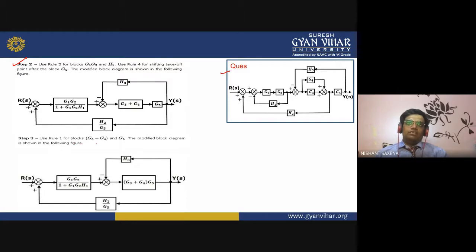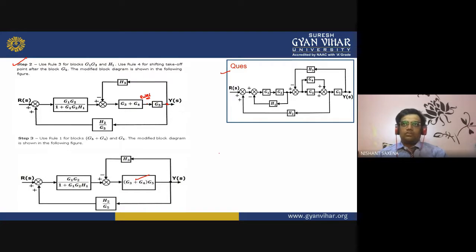When we have taken this takeaway point over here, we can see that these two blocks are connected in series. So we again apply rule number 1 over here. When we applied rule number 1, I will get this one, and the remaining complete block will remain as it is.